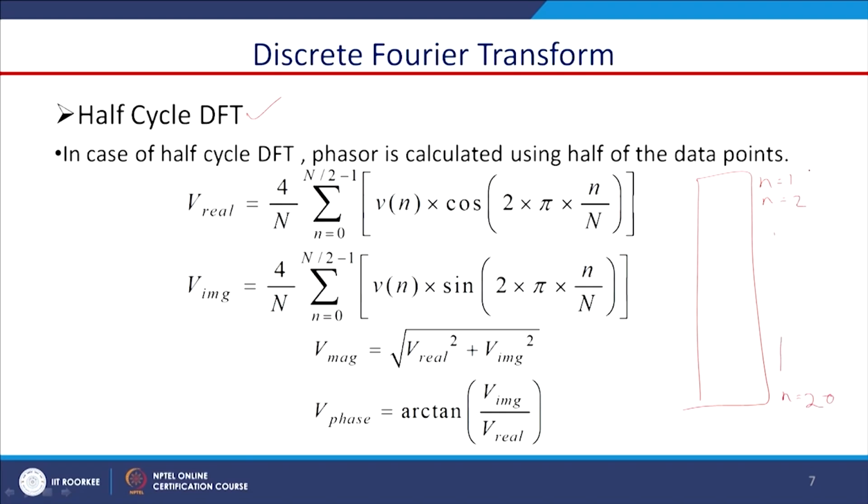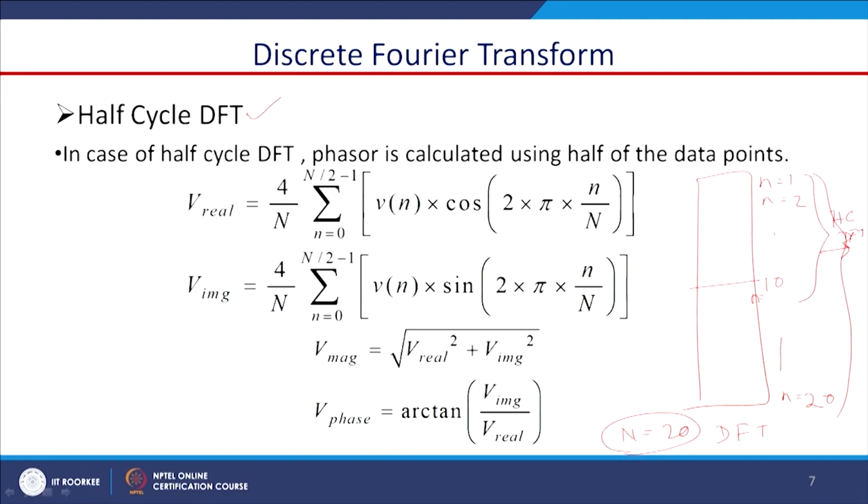If we take the total of 20 samples, that is capital N equal to 20, and we consider the whole 20 samples and calculate the DFT, then the DFT is known as full cycle DFT. If I take only 10 samples, up to n equal to 10, then the DFT is known as half cycle DFT. That is what is mentioned here.